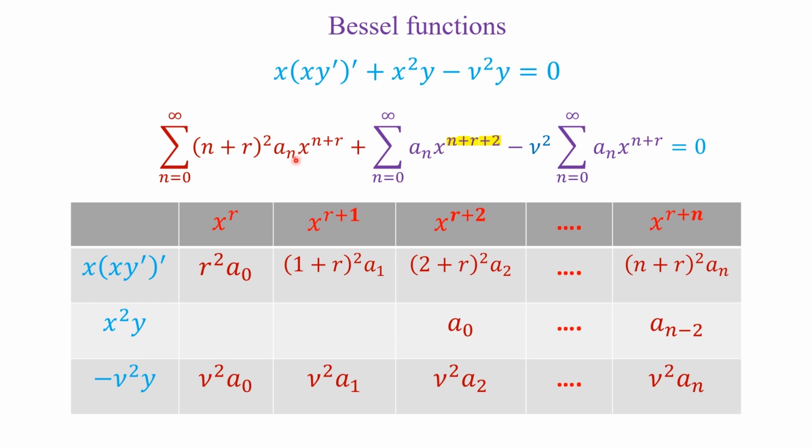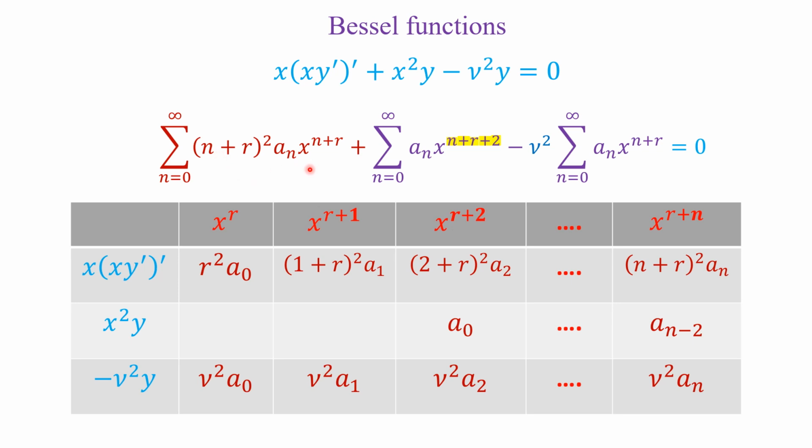See, when n equal to 0, I have taken the first summation term, this will become x power r. So naturally, the coefficient of x power r, since we have taken n equal to 0, will become simply r squared a naught.